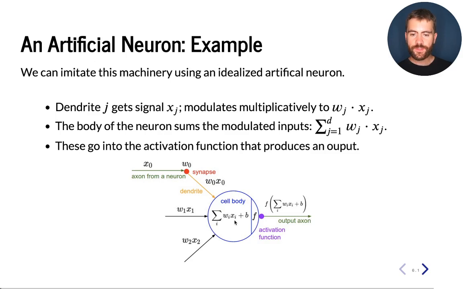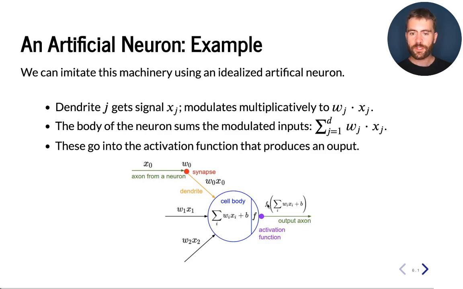Then, if this sum of inputs is sufficiently large, it fires a signal, and the minimum threshold at which we fire a signal is specified by what we call an activation function, which in this example is denoted by f.